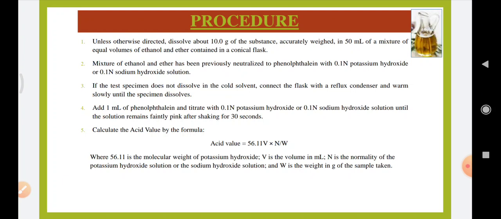After dissolution, add 1 ml of phenolphthalein and titrate with 0.1 normal potassium hydroxide or 0.1 normal sodium hydroxide solution until the solution remains faintly pink after shaking for 30 seconds.